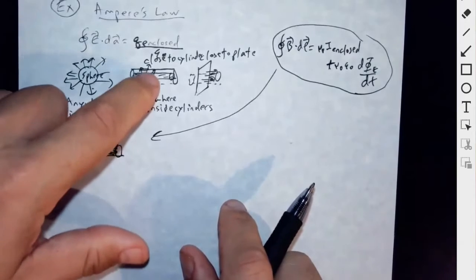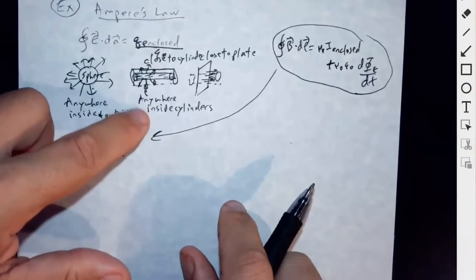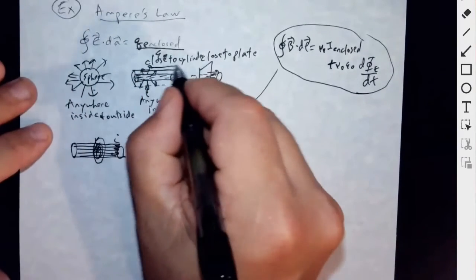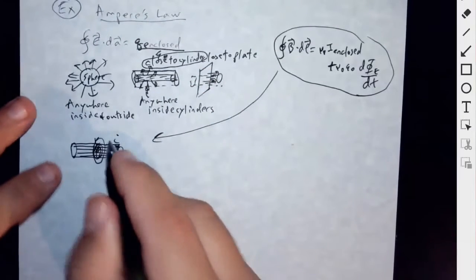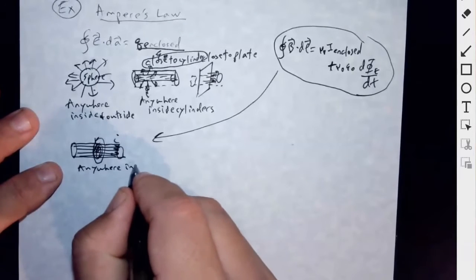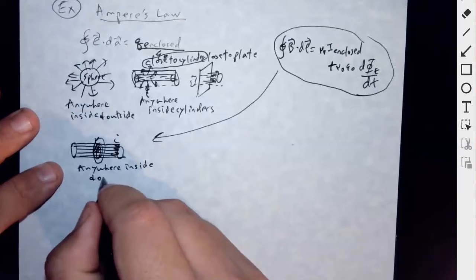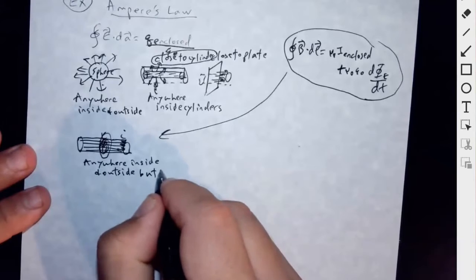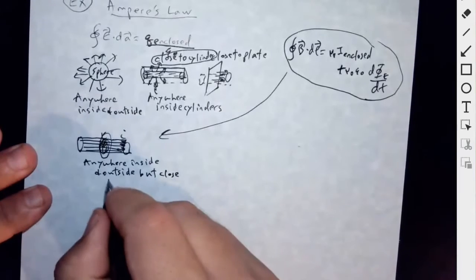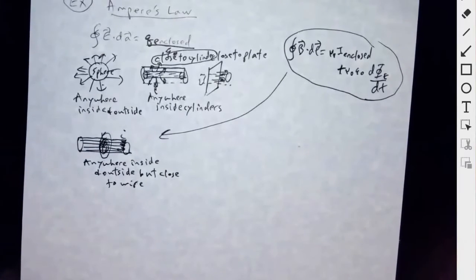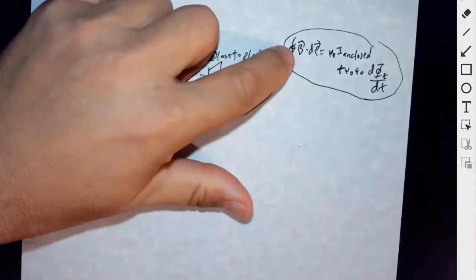So kind of like this cylinder here works anywhere inside, but when you're outside, close to the cylinder. Same thing here. So anywhere inside and outside, but close. Outside, but close to the wire. So then Ampere's law works to find the magnetic field of that wire.